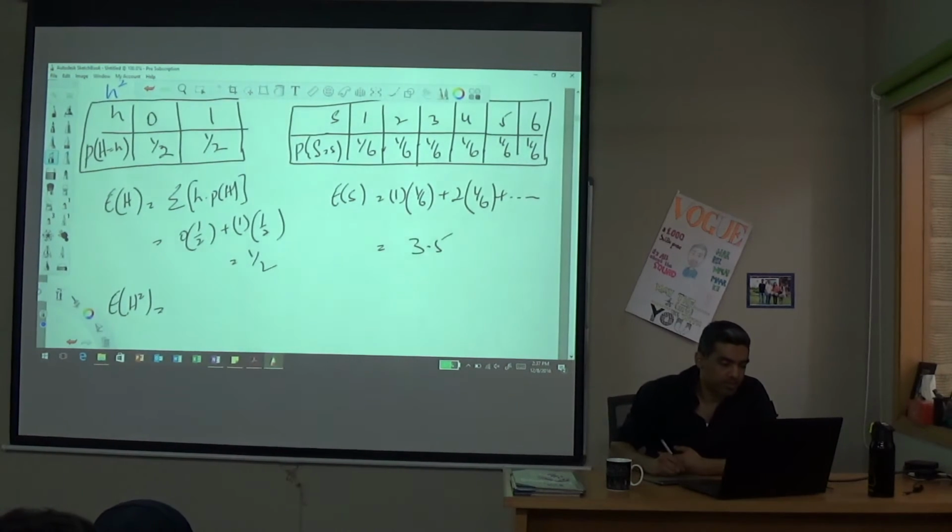So E of h square should also be a half. But what about E of s square?